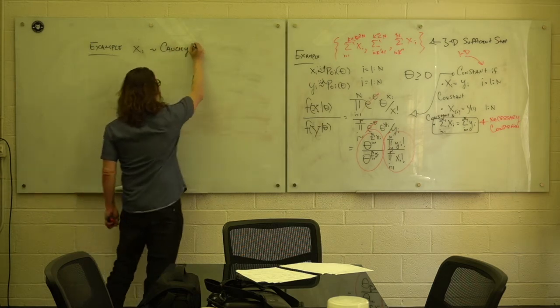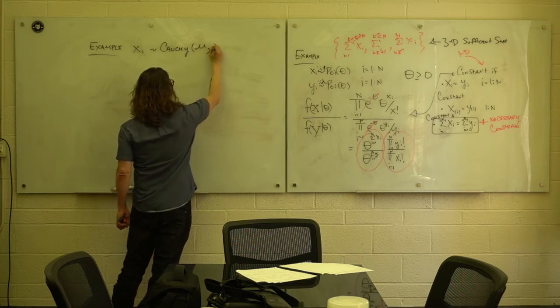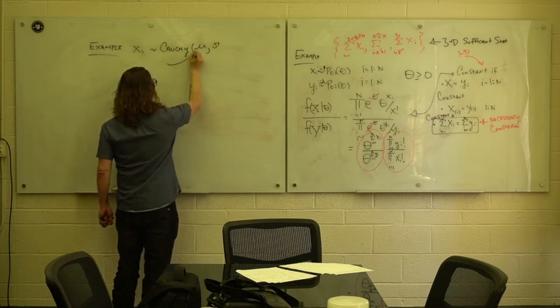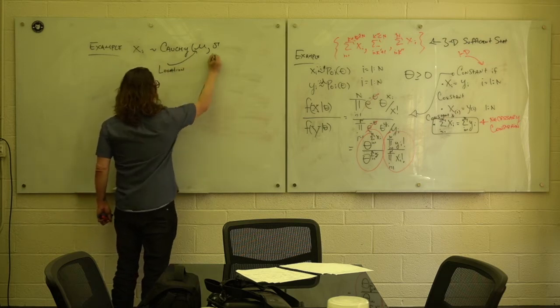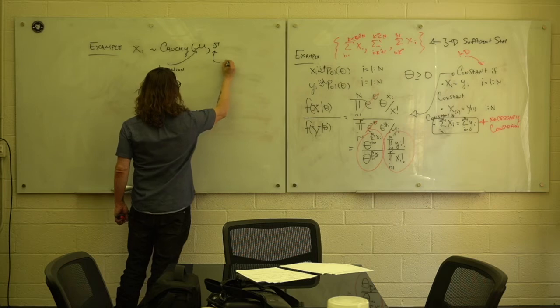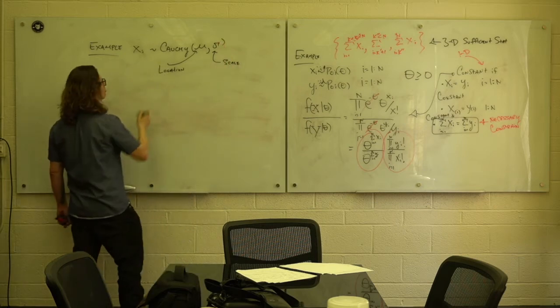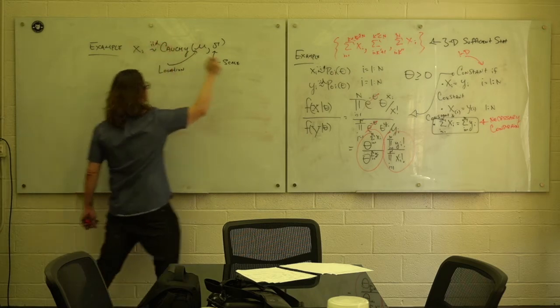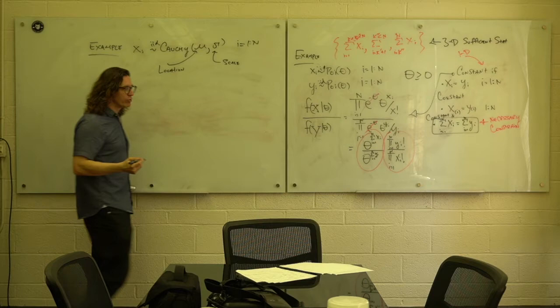And I'll say my Cauchy has location parameter mu and scale parameter sigma. Again, everything's IID. And I'll have n draws right here.